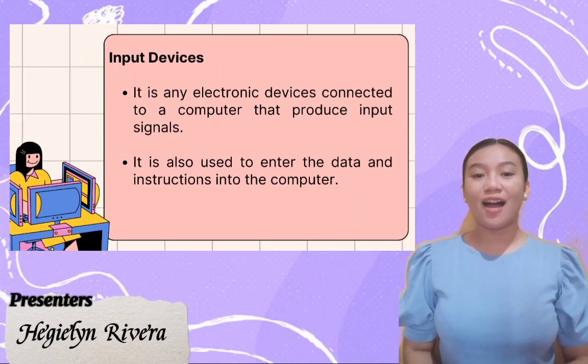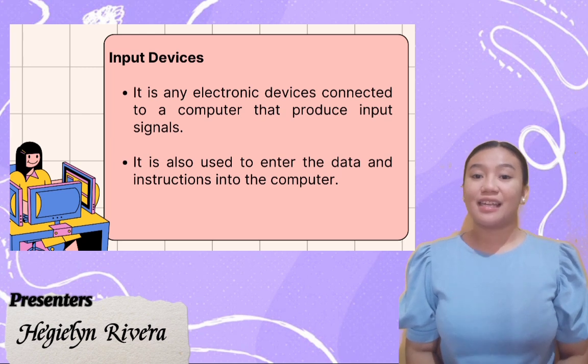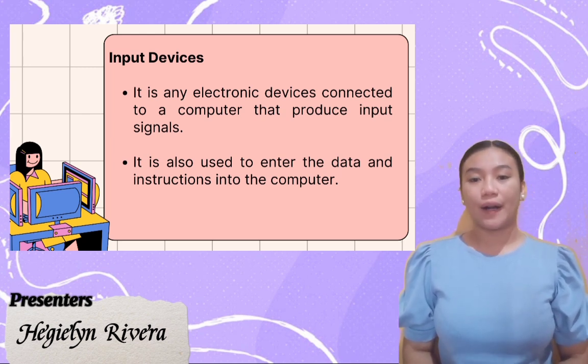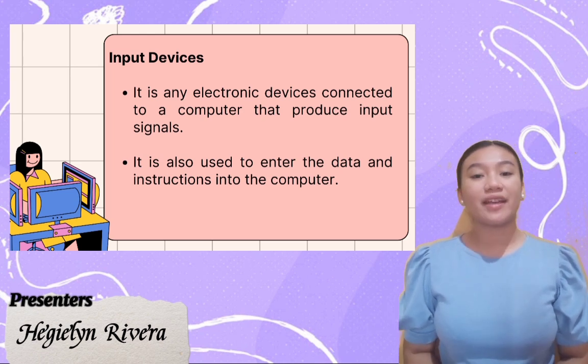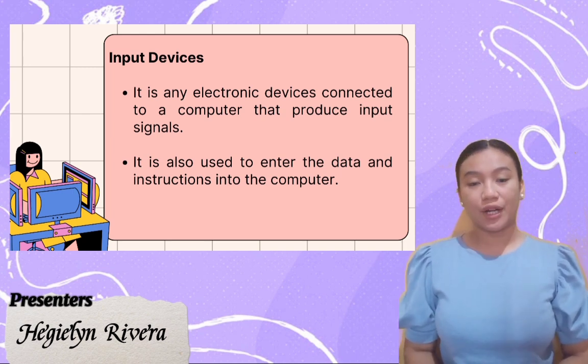So first, let's talk about input devices. It is any electronic device connected to a computer that produces input signals. It is also used to enter data and instructions into the computer. Meaning, input devices are those devices with the help of which the user interacts with the computer, or in other words, with the help of input devices, the user enters data or information into the computer.